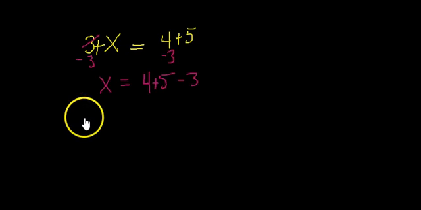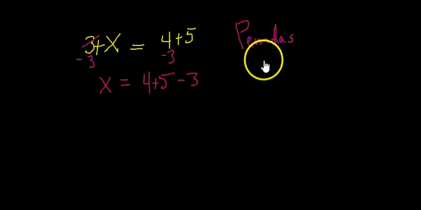So 4, and we need to remember PEMDAS here, right? I don't know why I capitalized the P and then lowercase the rest. We would actually think of them all as capitals. It's an acronym for parentheses, exponents, multiplication, division, addition, and subtraction.